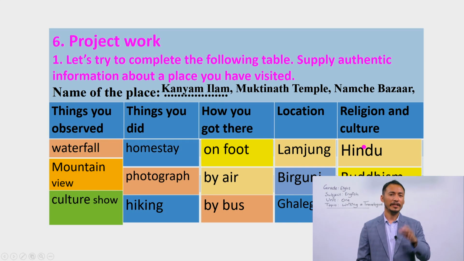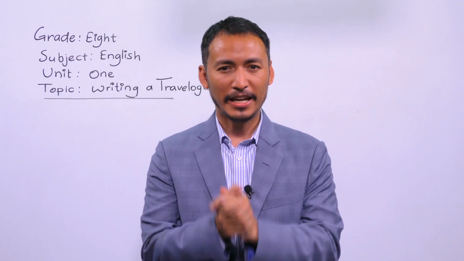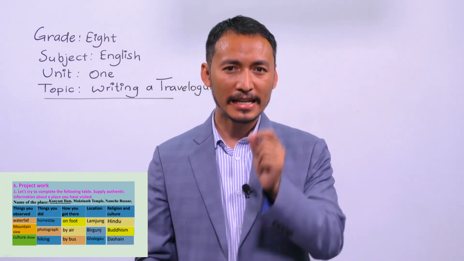You can talk about different religions like Hindu and Buddhist, and you can talk about cultures like festivals and other customs. You can talk about these things under these topics. Now, can you fill this table in your book? Can you do that? All right, students, I hope you are clear now.